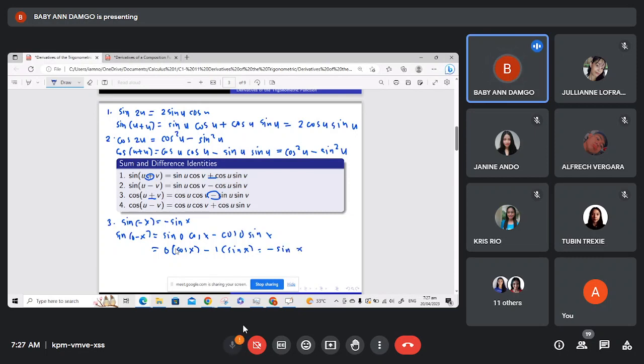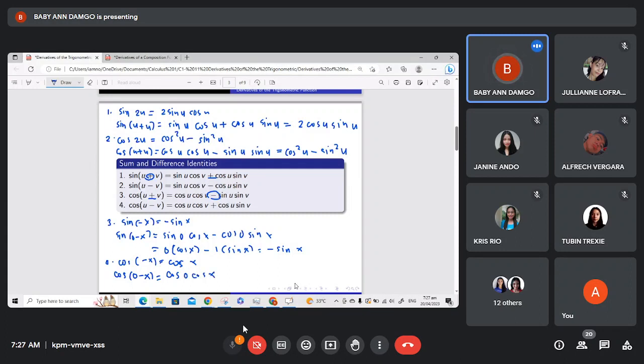Okay. Another one, cosine negative x, which is equal to cosine x. Okay? So, cosine negative x, we can write as 0 minus x. So we can apply the difference of cosine. So this is cos cos, so cosine 0 cosine x.